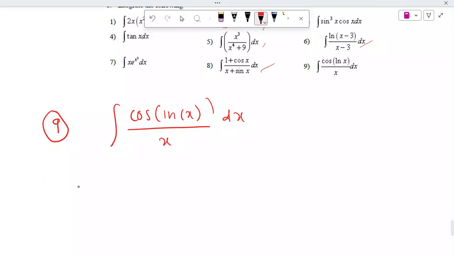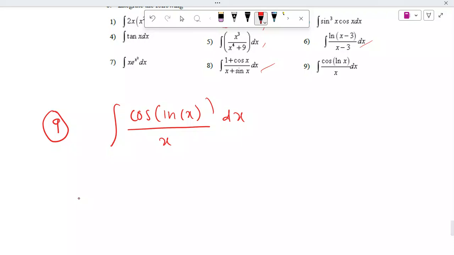So the quotient rule, let's see, can we use a quotient rule here? The quotient rule doesn't seem to work, because it will be a bit complex. So I think the best way is to use substitution.